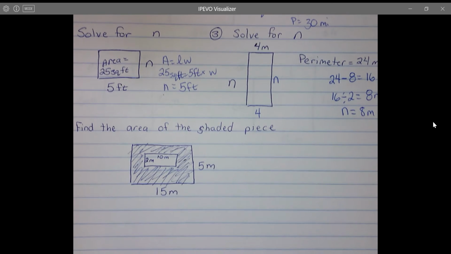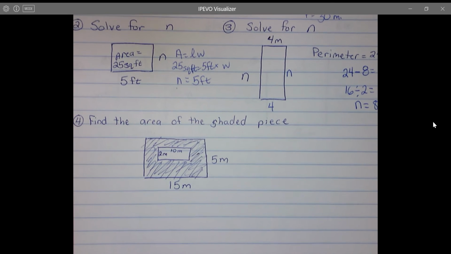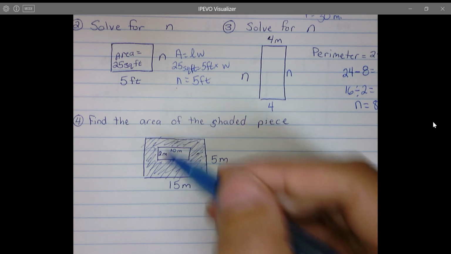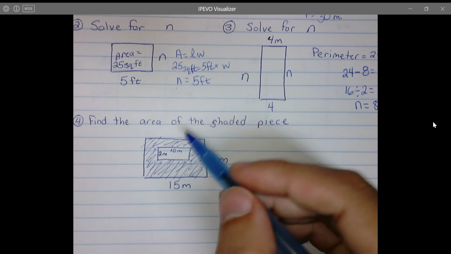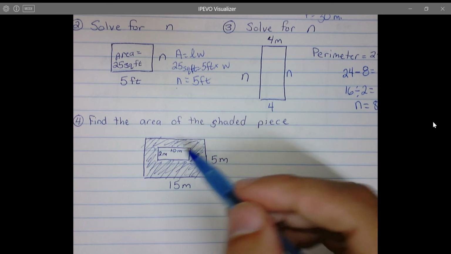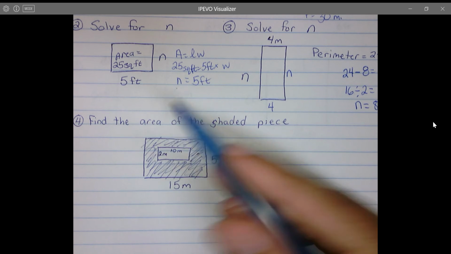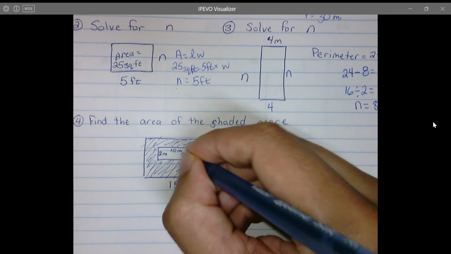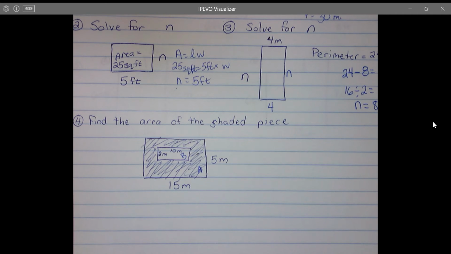And now the last problem I have is find the area of the shaded piece. So I have a large rectangle here and a small rectangle. It looks like the small rectangle was taken out. So let's find the area of the large rectangle, area of the small rectangle, and subtract. I could call this rectangle A and rectangle B. I think I used 1 and 2, or L and S for large and small.